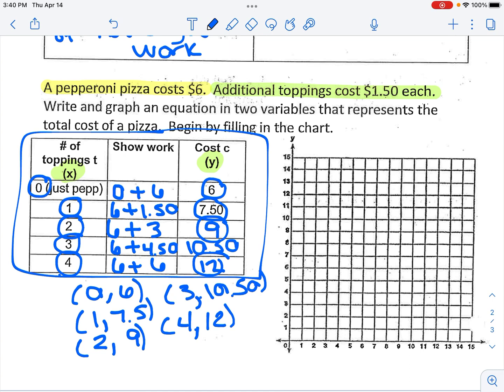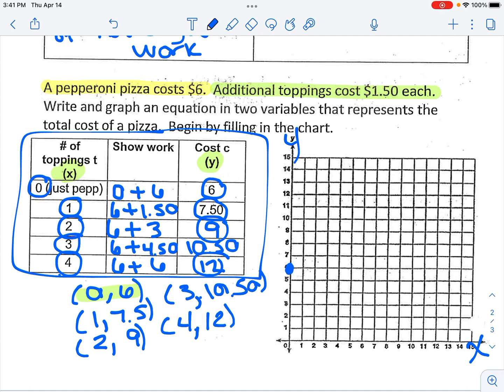All right, so now we're going to graph. So we all remember this is the X over here, and this is our Y. So if I'm going to look at my first ordered pair at 0, 6, I'm going to go to 0 on the X. I'm going to stay right there at my origin, and I'm going to go straight up to 6. 1 and $7.50.